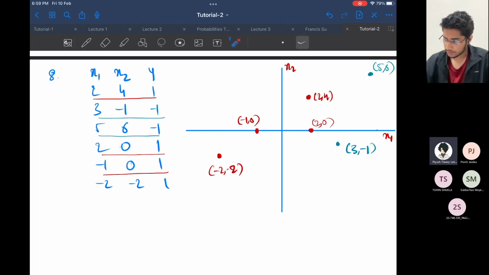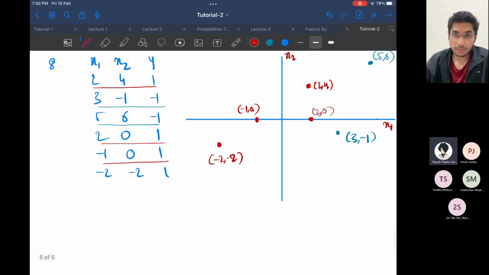So the first question will be, are these points linearly separable or not? You can see that you can draw a hyperplane like this, and this hyperplane will correctly classify the two clusters. However, it is given to us that the bias here is zero.